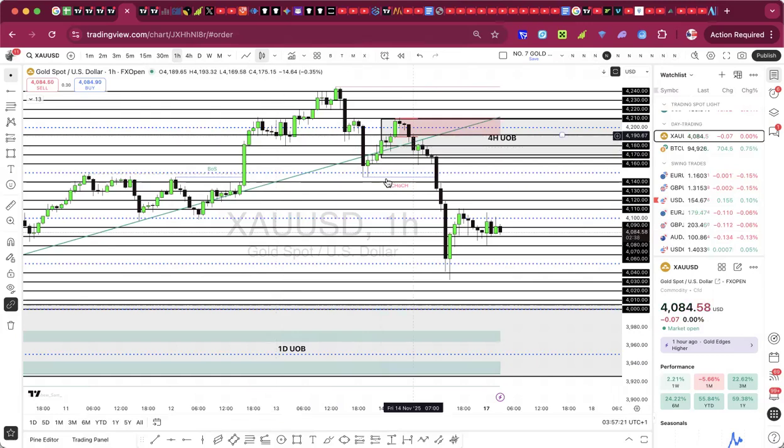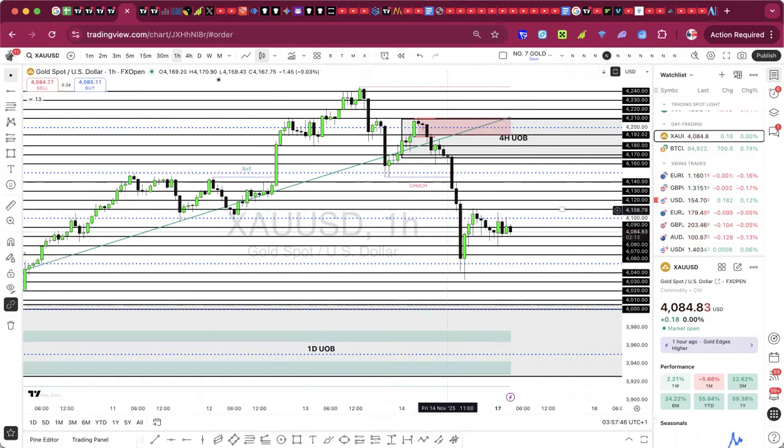So don't mind this level, don't bother yourself. But when we break this, we expect to return back to this point, which is still aligned with this 4 hours. The market hasn't gone there yet, struggling, but we'll see if we get there. And now the previous day high that was set and the previous day low down here.